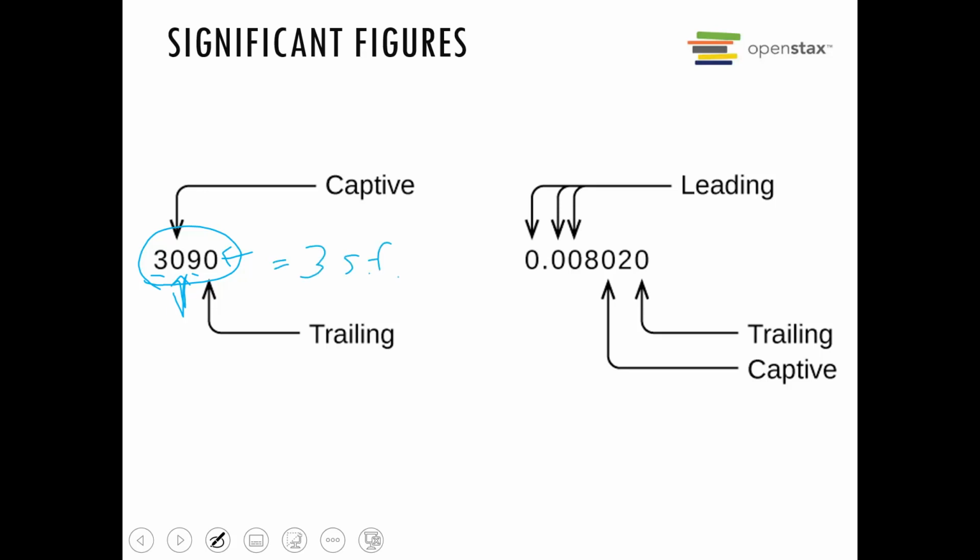In this number over here to the right, we can see that these 3 zeros are leading zeros, not significant. Of course, the 8 and the 2 always would be. The 0 in between them is sandwiched, or captive, it is significant. And this trailing 0 is to the right of the decimal, it is significant. So this would have 4 sig figs.